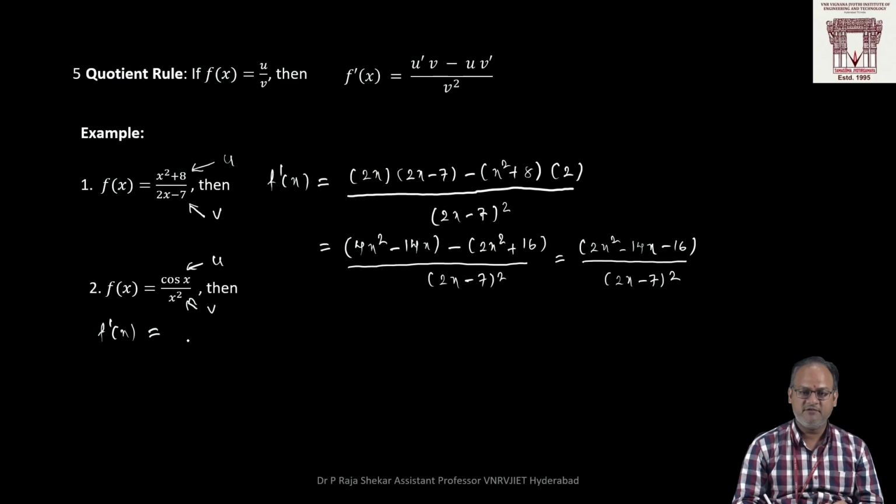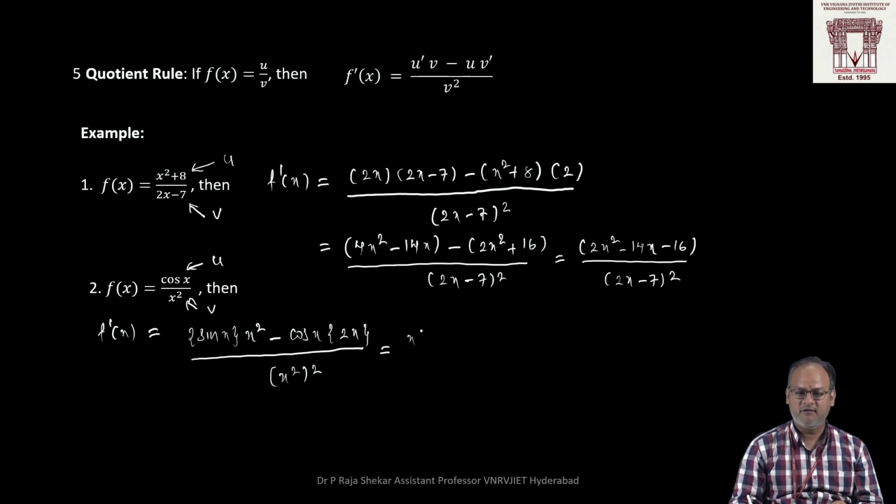In the same lines, u dash, the derivative of cos x, which is sin x, into v as it is, x square, minus u being cos x, the numerator, and the derivative of x square is 2x, over v square, x square whole square.